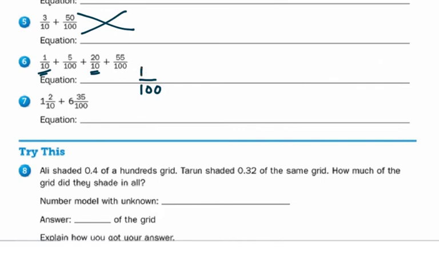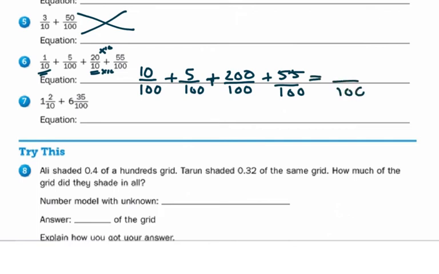So 1/10 is the same as 10 hundredths plus 5 hundredths. And 20/10, I'm going to multiply the numerator and the denominator times 10. I would get 200 hundredths. Be careful on that one. And 55 hundredths.